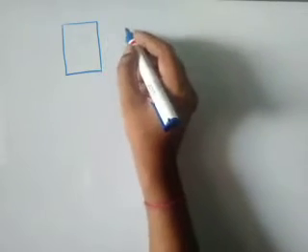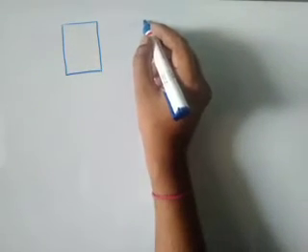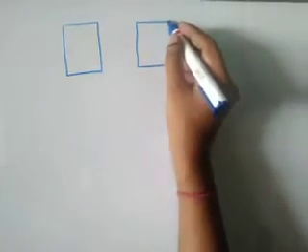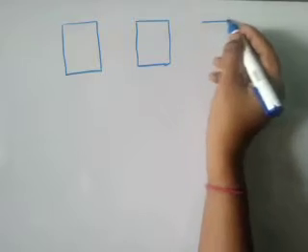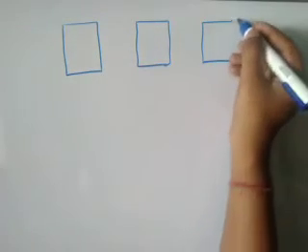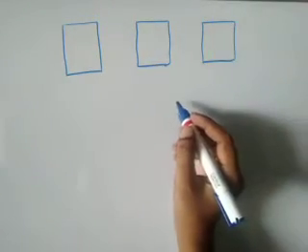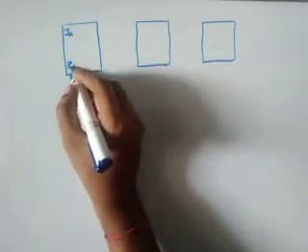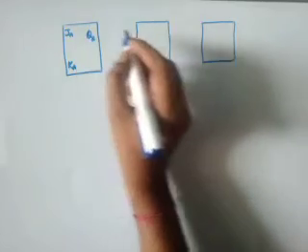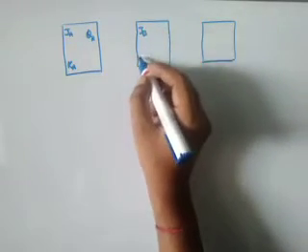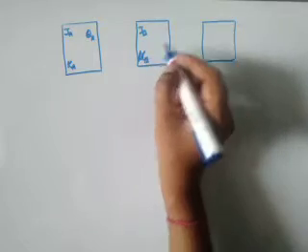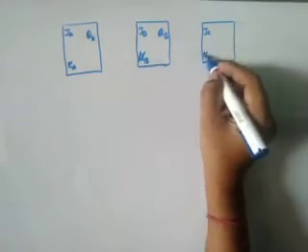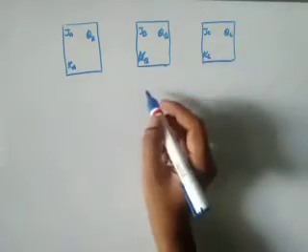This is your first flip-flop, and since we require 3, I am drawing 3 flip-flops. This is our third flip-flop. For the first flip-flop, it is JA and KA, as well as QA. Then JB and KB, as well as QB. Then JC and KC, and we take the output from QC.